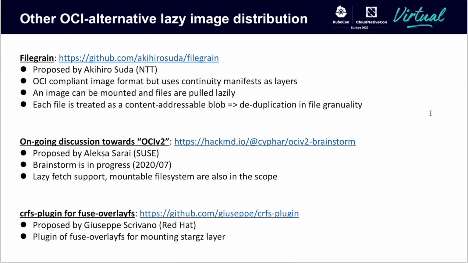And there is an ongoing discussion towards OCI v2. It's proposed by Aleksa Sarai of SUSE. OCI v2 is not an official spec yet, but brainstorming is in progress. In the discussion, lazy fetch support and mountable file systems are also included.